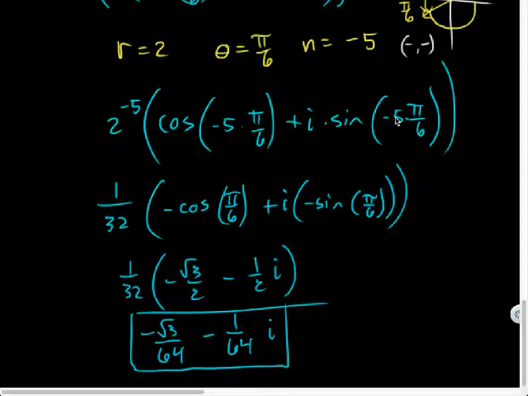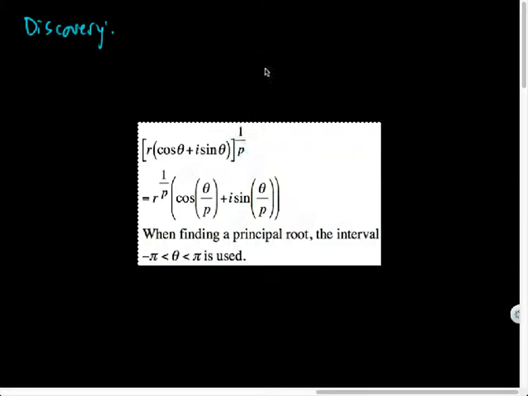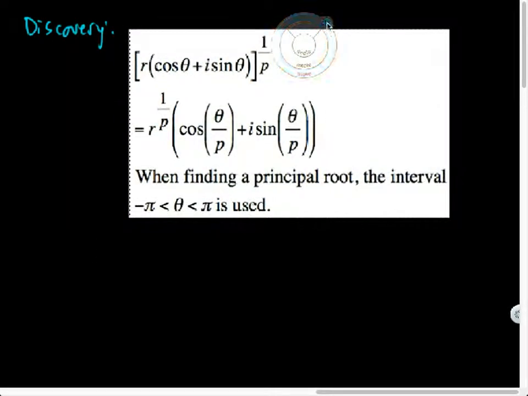Yep. So let's consider this. Here's another discovery. We'll discover this rather than derive it. Because you guys don't even know where we're going with this, so it's a discovery to you. I know where we're going, maybe.